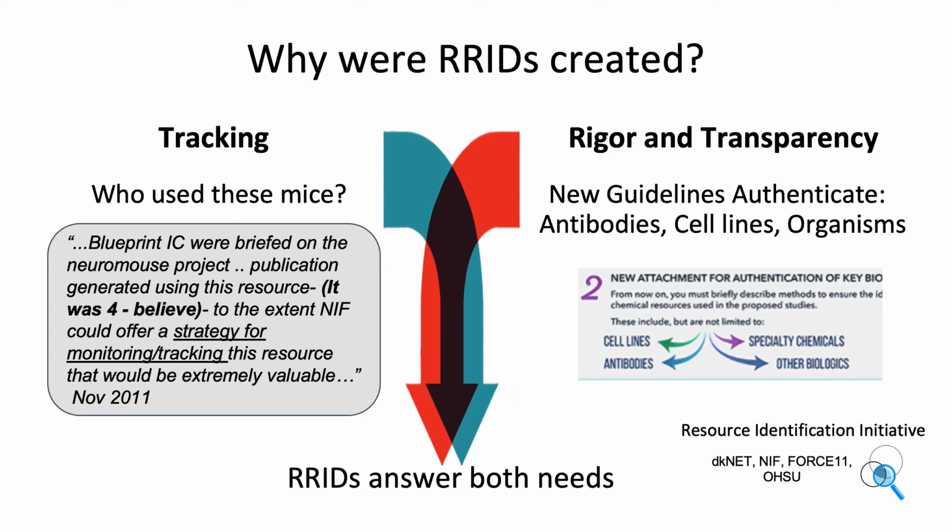So by having these IDs that tie this information together, it makes it very easy for someone who's potentially using a cell line then to tie into information about its applicability and its current status.